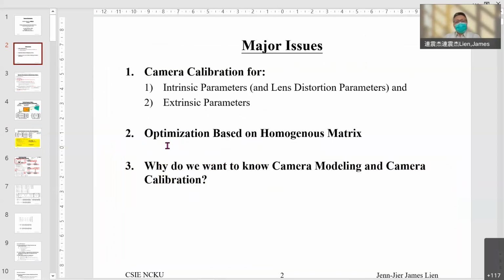So based on this, any kind of parameters, we need to transfer to homogeneous matrix format, AX equal to B. And then we try to solve either A or X using an optimization method.